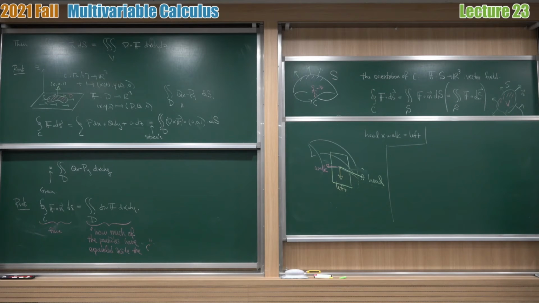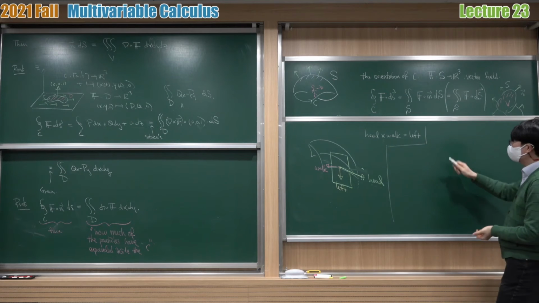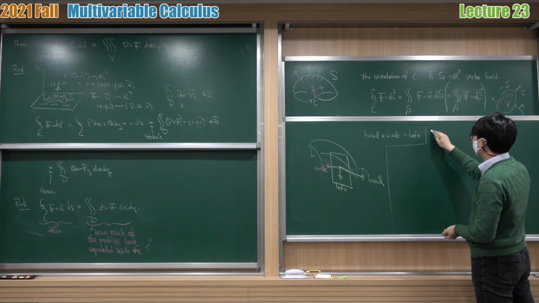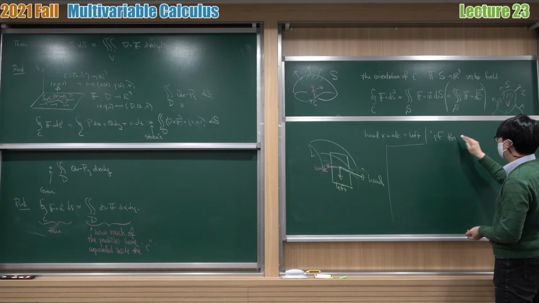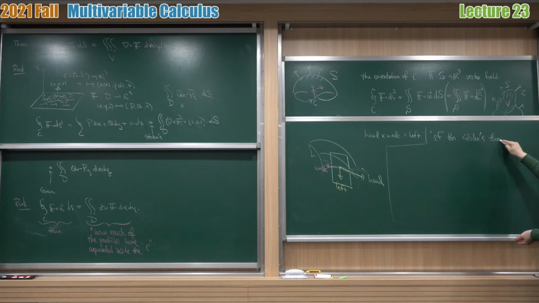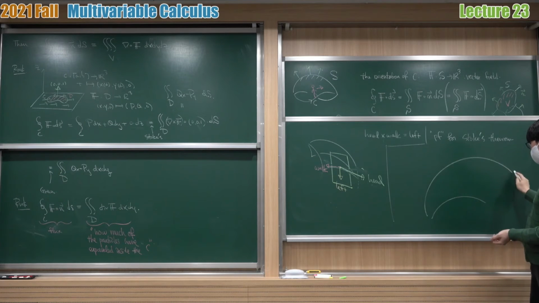All right, so let's start with Stokes' theorem. So what I'm trying to do is trying to subdivide our surface. So let me put a proof for Stokes' theorem. Here is our surface.